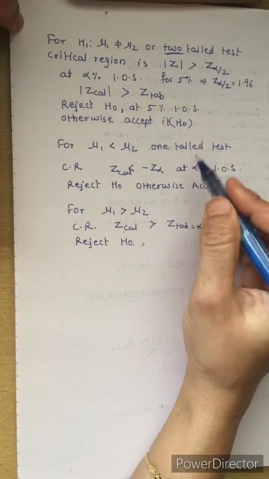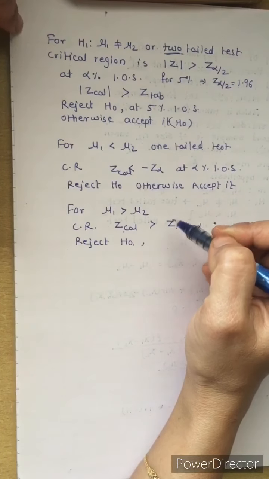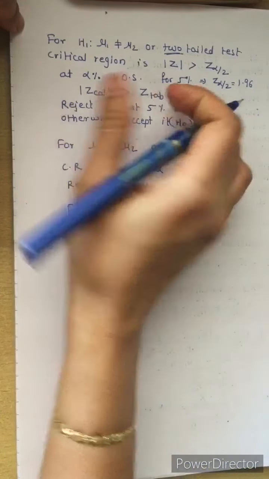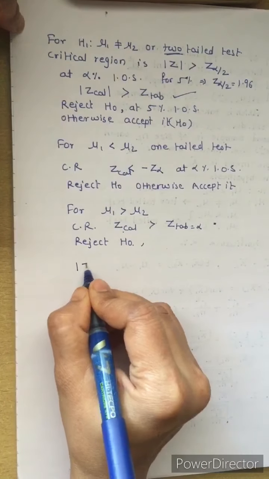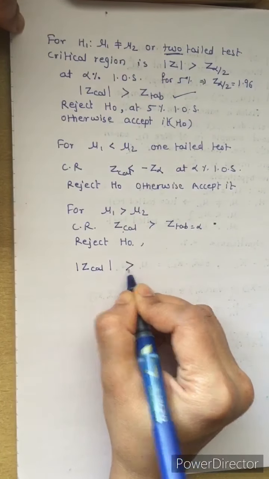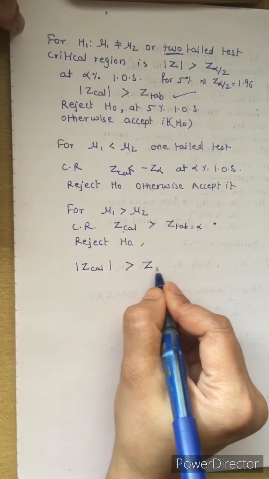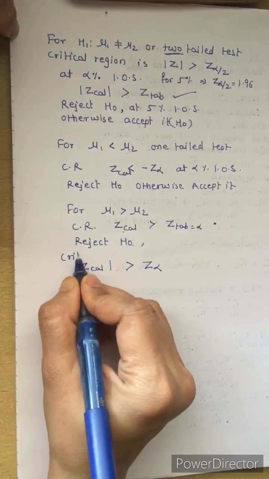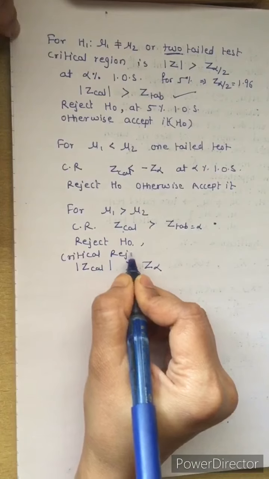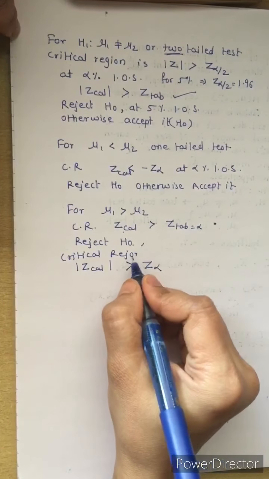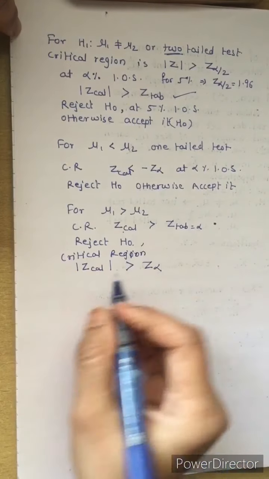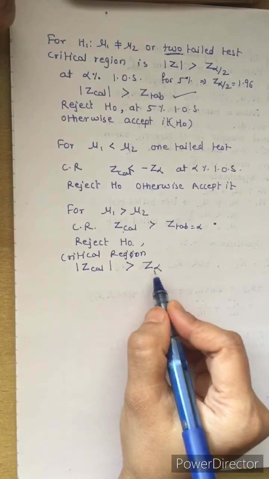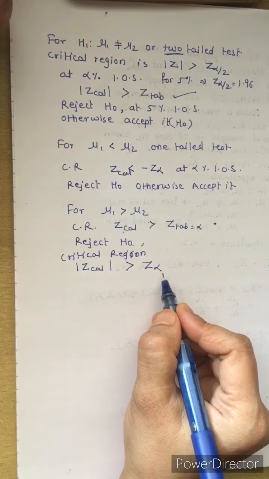Now in both these cases, there is some confusion at the time of comparison. So another way is that you consider only the mod of z calculated. If your calculated value is greater than z alpha, for a one-tail test you can compare this for the critical region. For a one-tail test you need to take z alpha.